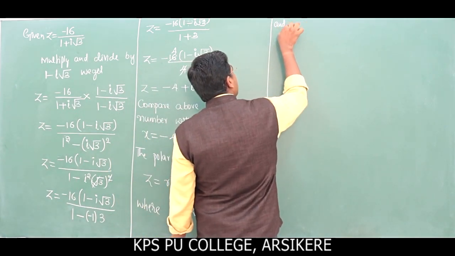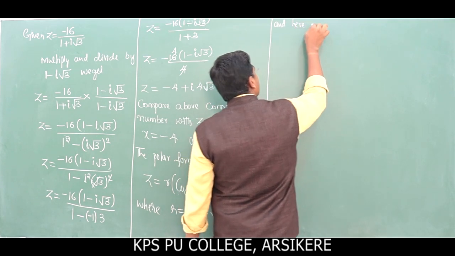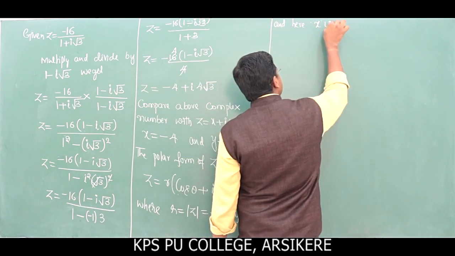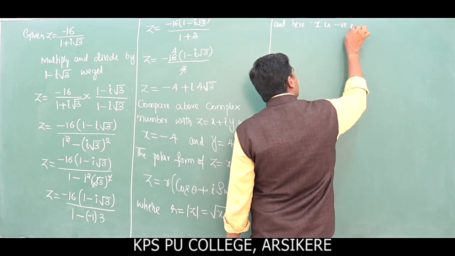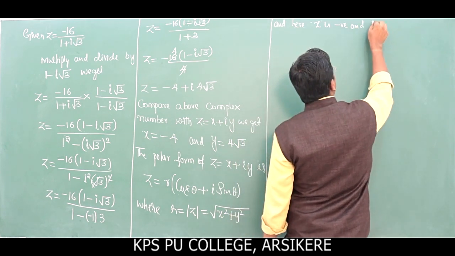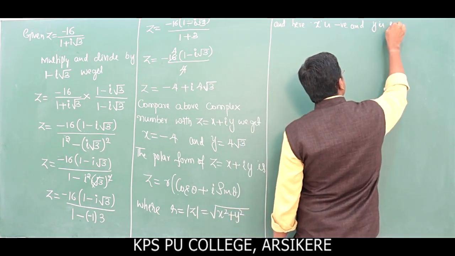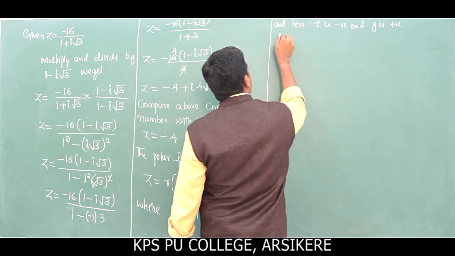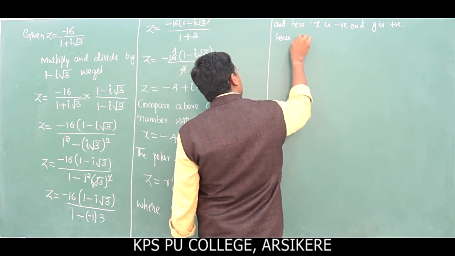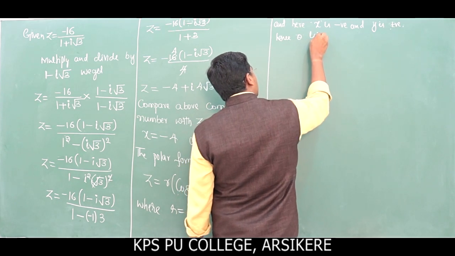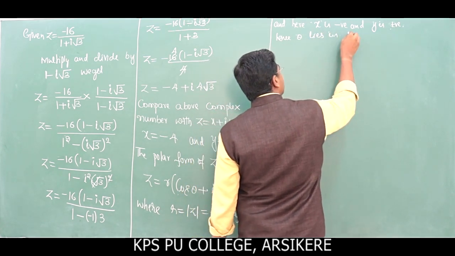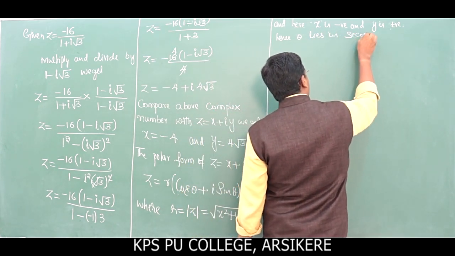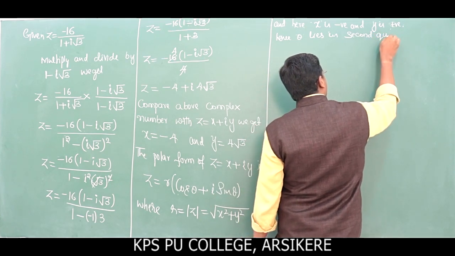And here x is negative and y is positive, hence theta lies in the second quadrant, right?